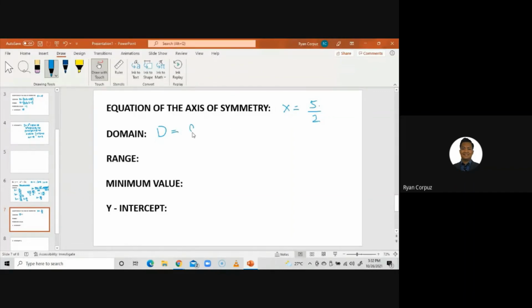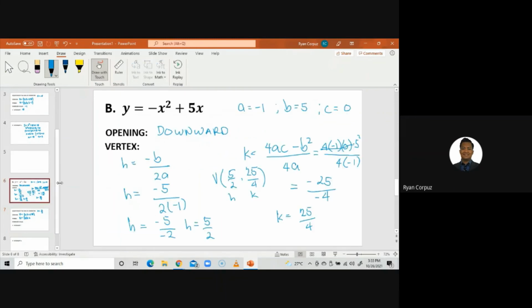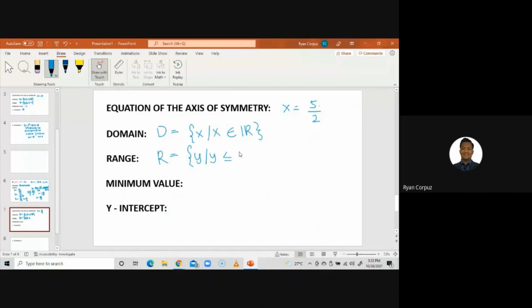Domain is equal to X such that X is an element of real numbers. And the range, since it opens downward, gagamitin natin is less than or equal. So, it should be Y such that Y is less than or equal to anong value ng K natin? Balik tayo. Anong value ng K? 25 over 4 po. That is 25 over 4.